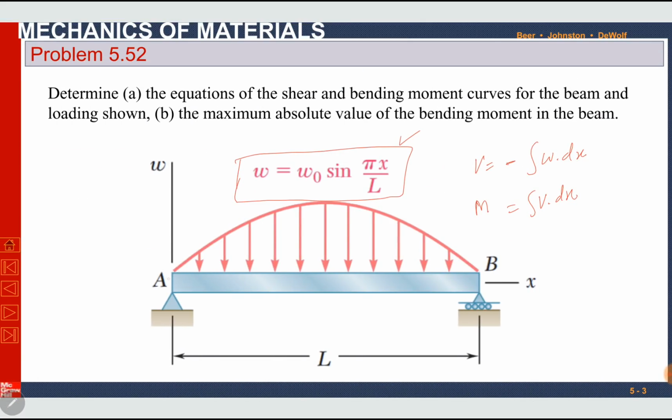At point A, where x is equal to 0, there is no moment. There is a force, but there is no moment. So at x equal to 0, there is no moment. And similarly at point B, where x is equal to L, there is no moment. So we will use these two boundary conditions. For x equal to 0, moment is 0, and for x equal to L, moment is 0.